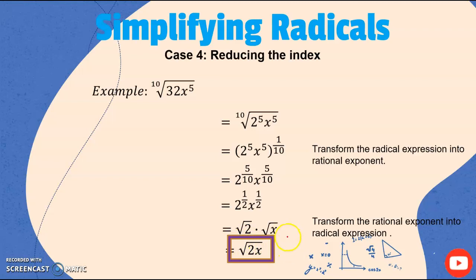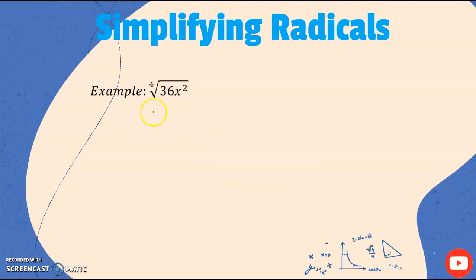Next example, we have the 4th root of 36x squared. Take note, we can rewrite 36 as 6 squared. Now, take note that they have the same exponent. The 6 and x have the same exponent, which is 2. So we can say that the radical here is 2.